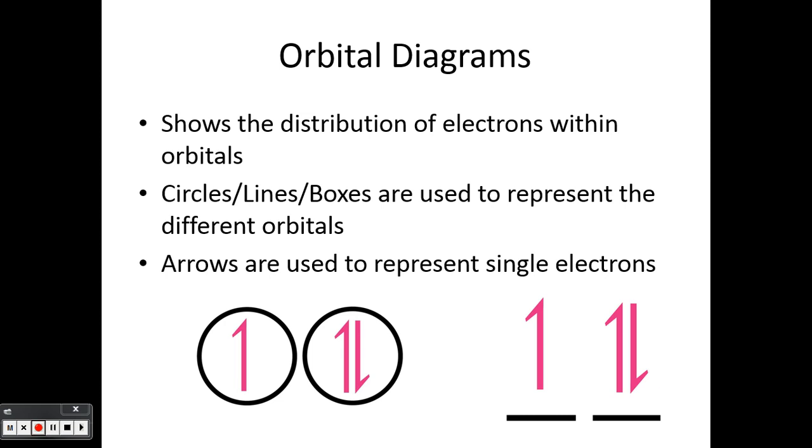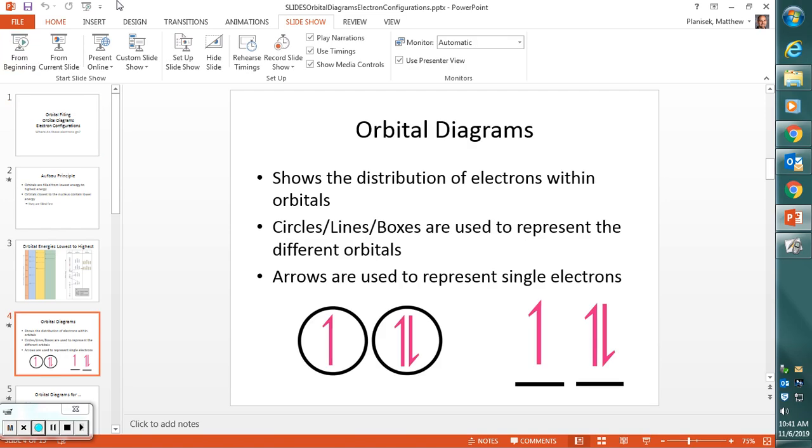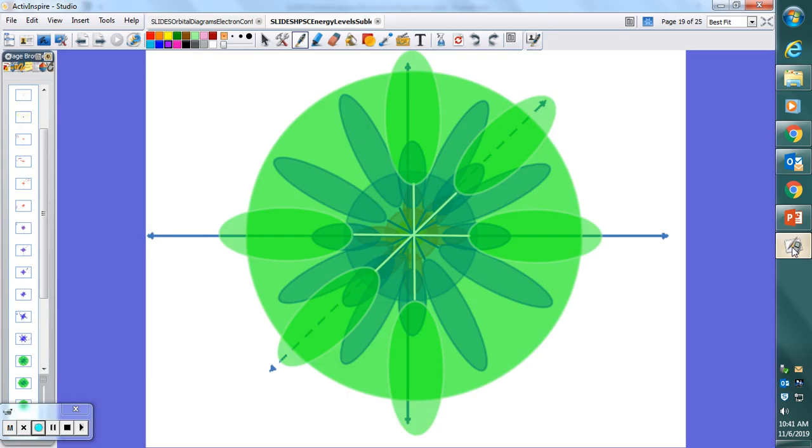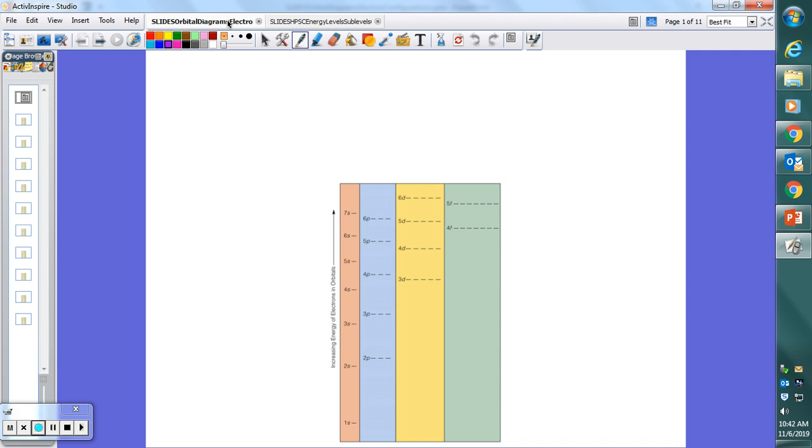Okay? Good? All right. Now it comes down to the actual doing stuff part. So, at the bottom of your outline, you'll see that Roman numeral number 3 says orbital diagram practice. The first orbital diagram practice that we're going to do is drawing the orbital diagram for hydrogen, all right?